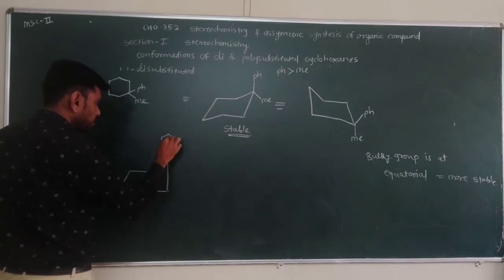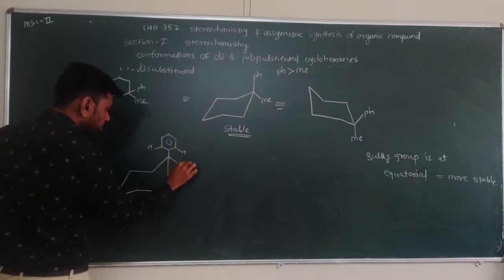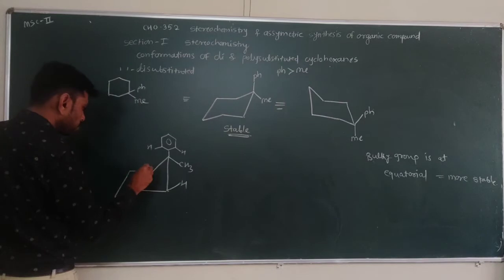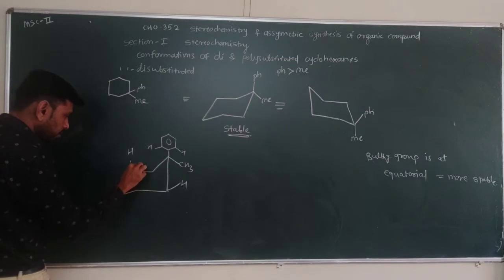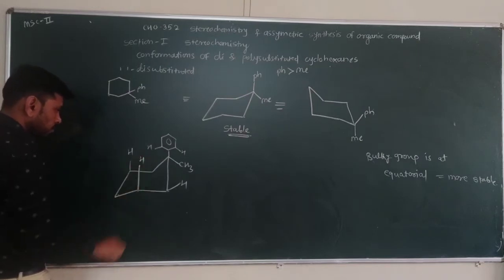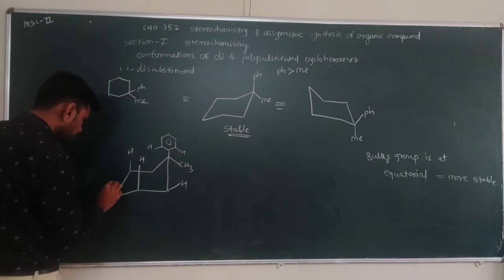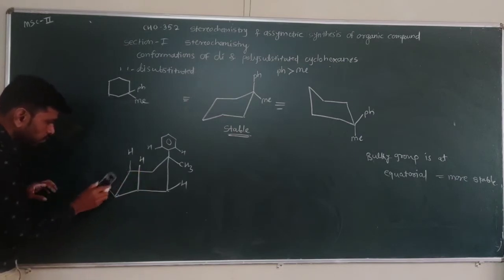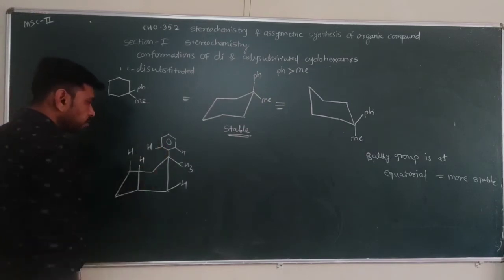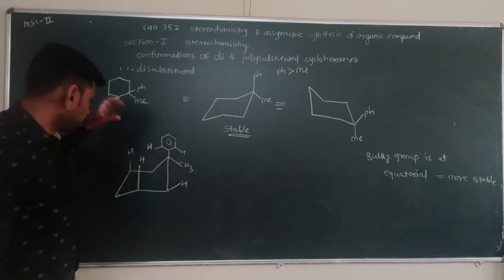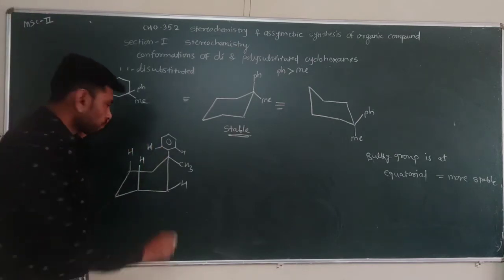For this phenyl group, this CH3 group is here, with axial hydrogen here and another axial hydrogen here. I am writing only those hydrogens which have interactions with it. So in this structure, the phenyl group is in the axial position.